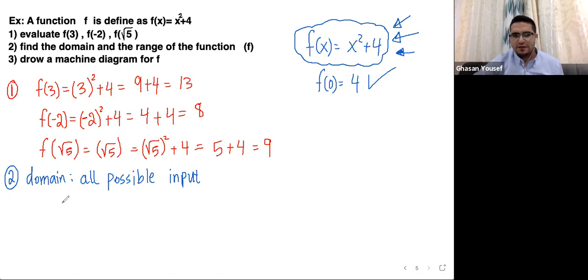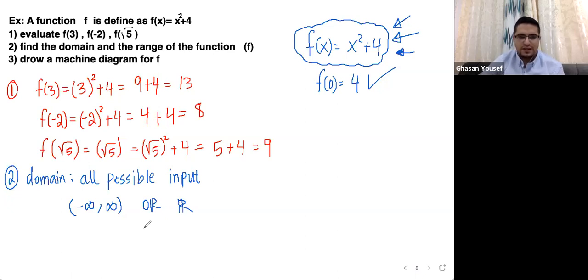So I can define the domain here as from -infinity to infinity. All these values, I can plug inside the function and the function will be defined. Or I can say here all real numbers, like this, R. It means all real numbers.